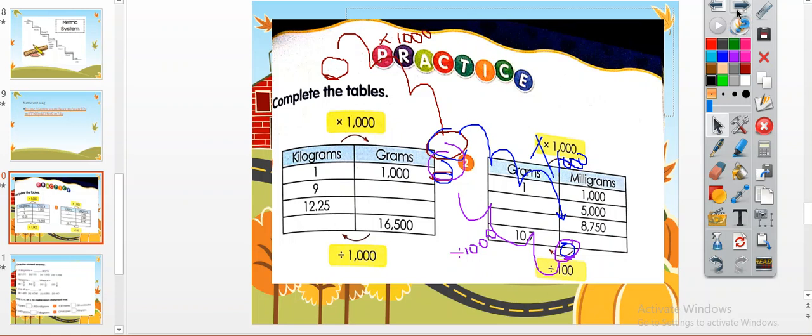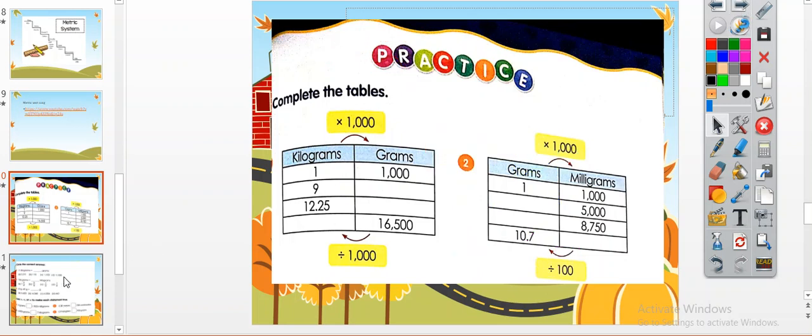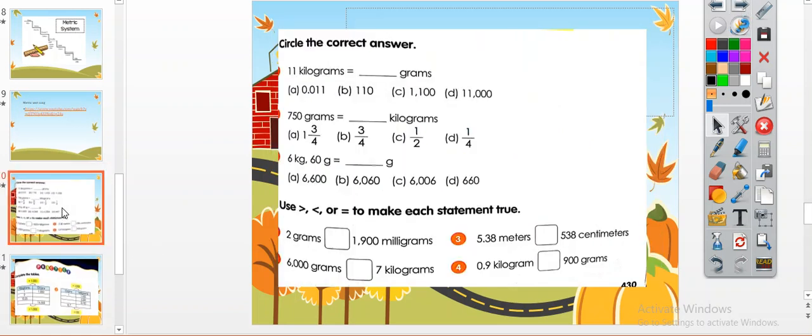Okay, now how will we apply this? Yes, here we go. Circle the correct answer. 11 kilograms equals blank grams. How many grams? Well, I will convert from a kilogram to a gram.